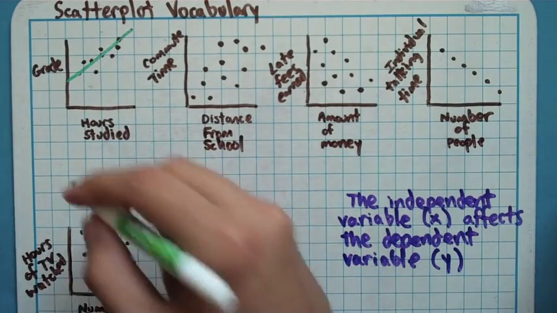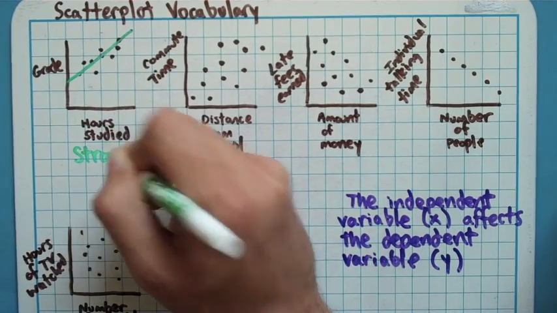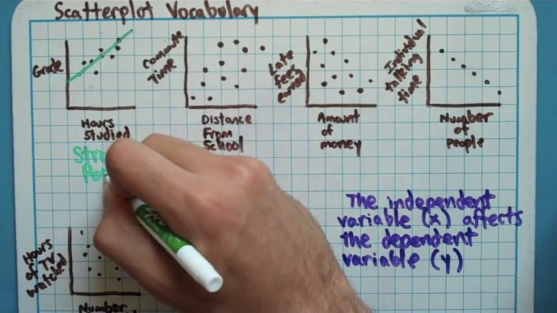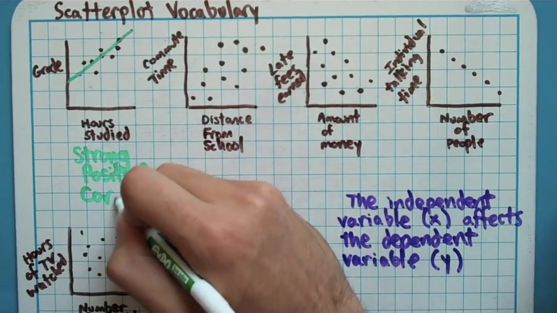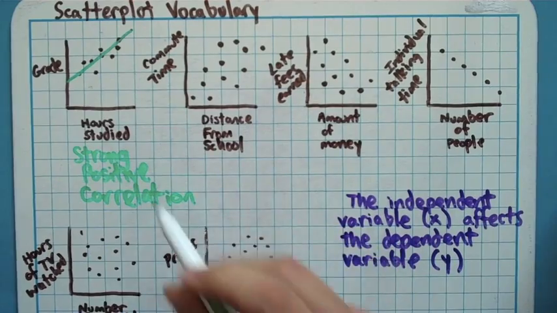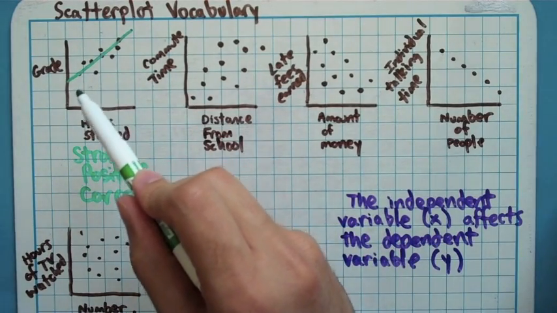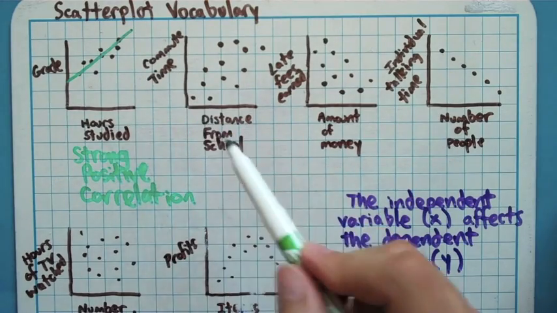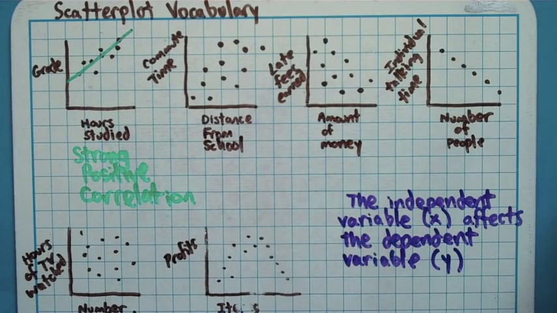We would call that a strong positive correlation. Strong because they're really packed together. It's a pretty good fit there. Positive, think about slope. The points are going up as you go along. And correlation is kind of the word. They're related to each other. So they're a strong positive correlation.